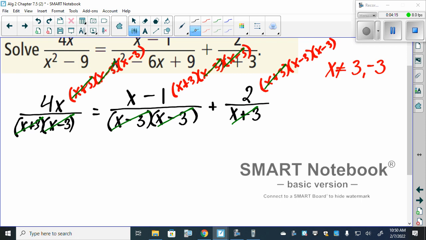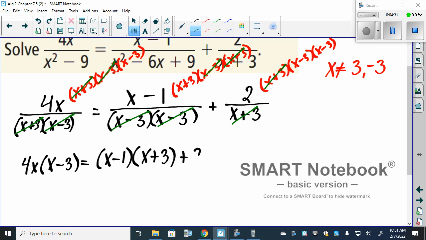And what we have left over is, in the first one, 4x times x minus 3 is equal to x minus 1 times x plus 3 plus 2 times, well, what do we have? Yeah, x minus 3 times x minus 3, yes? Well, where did we get that from?